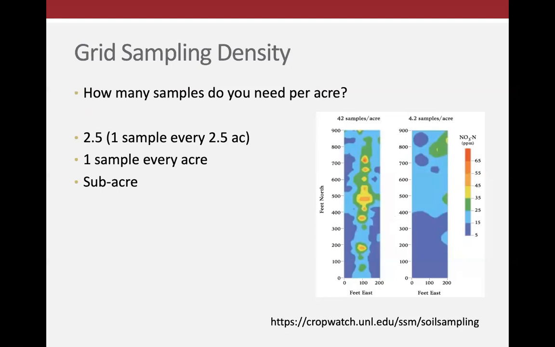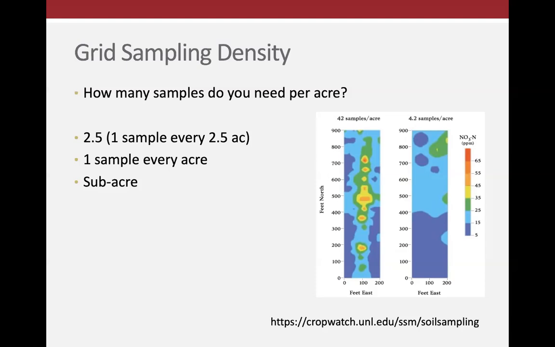There's folks that say 2.5 acres per soil sample is not resolute enough, so I'm going to do one sample every acre, or a half acre sample. There's all kinds of hybrid approaches out there. 2.5 in Ohio is very common. You see sometimes people do 4.5 or 5 or something like that.